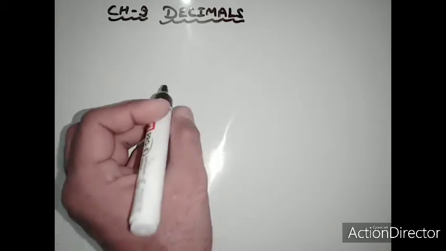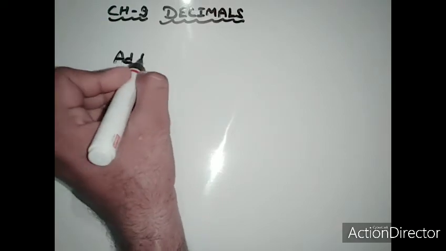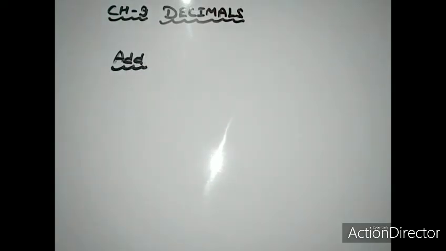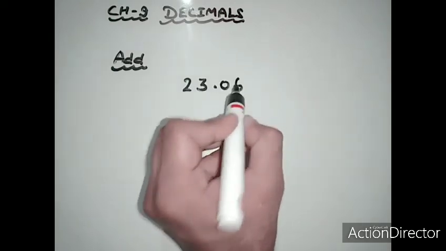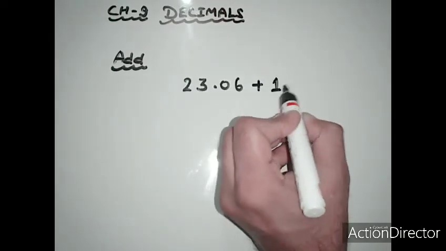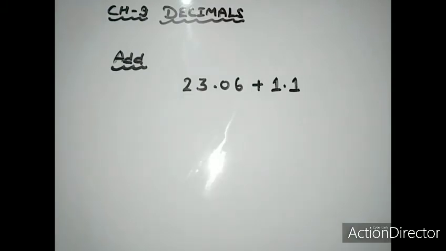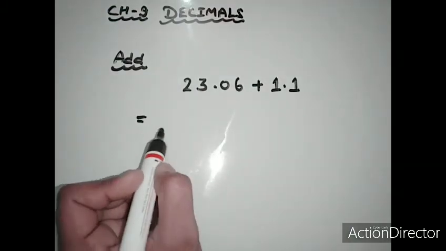Now here we discuss addition of decimal numbers. Dear students, you all know that if you write 23.06 plus 1.1, remember one point here.